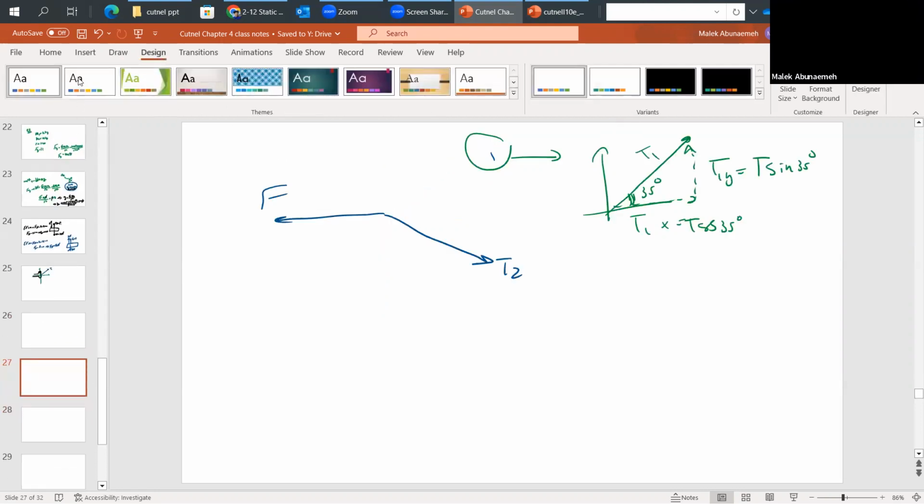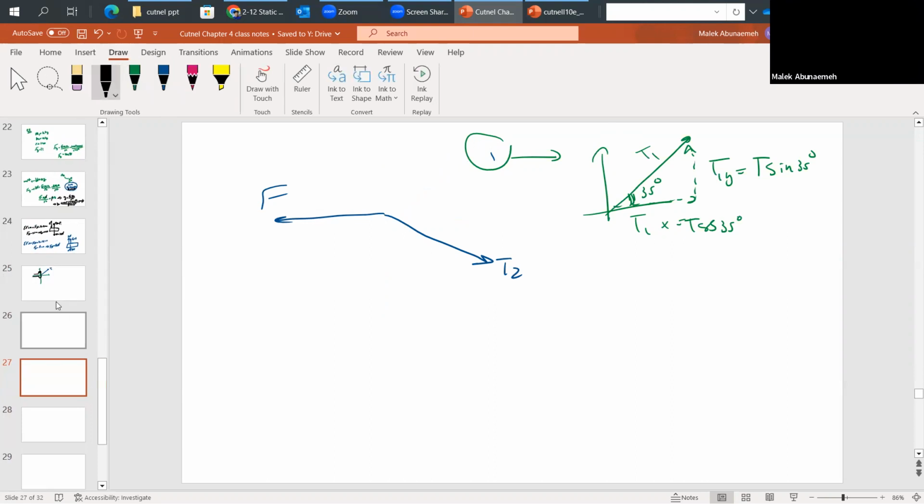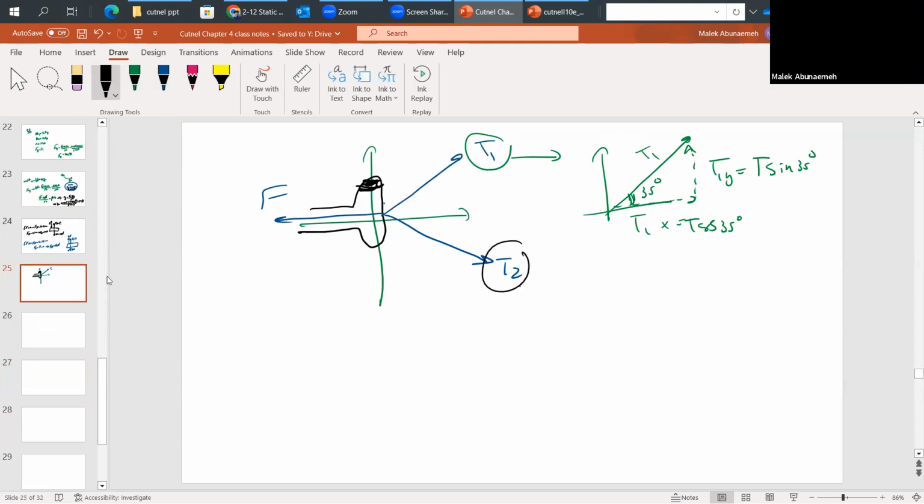Same thing, let me get a different color. For the second point, let's draw my little axes.